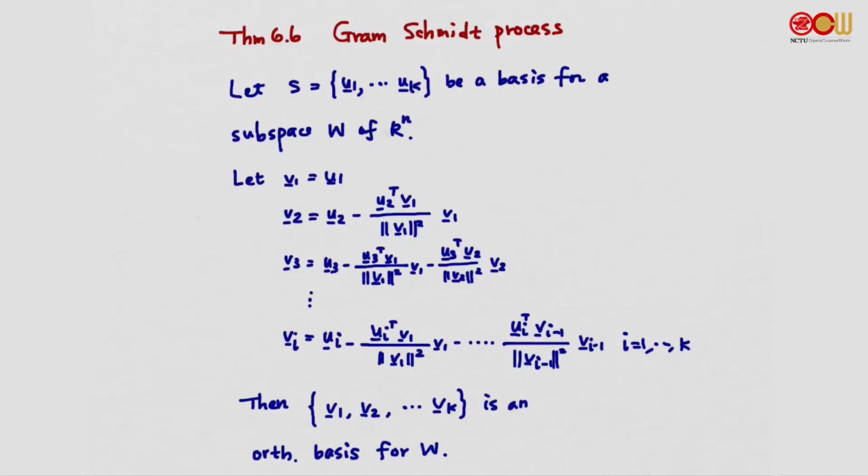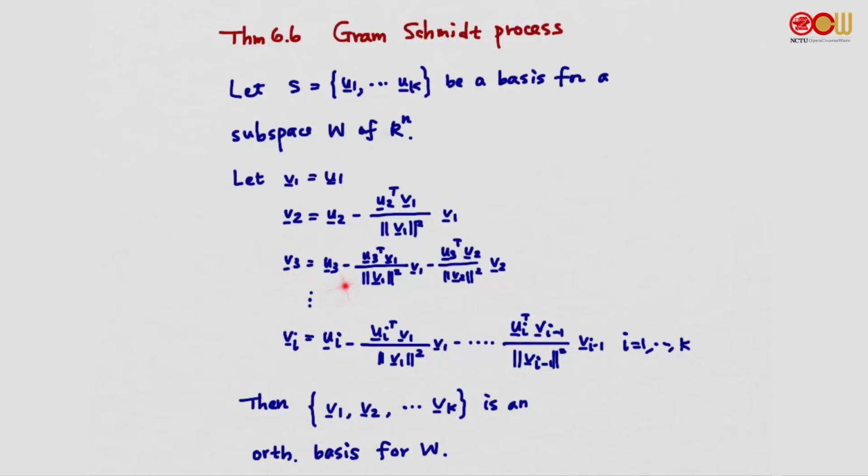The process converts the basis to an orthogonal basis V1 to VK for W. As we have done before, V1 is chosen the same as U1. V2 is U2 minus the orthogonal projection of U2 on V1.